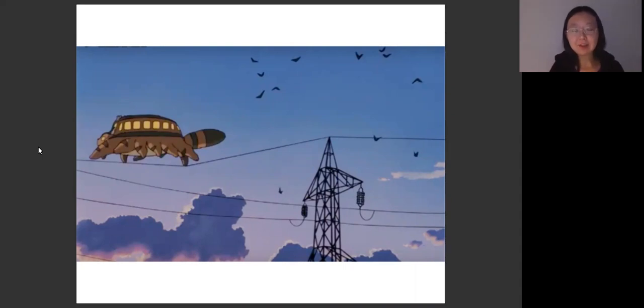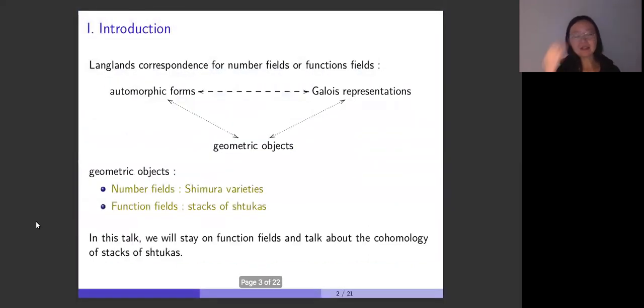So today I will talk about shtukas with many poles, working on some curves. So I show in the picture. There are some geometric objects which relate the two sides of the Langlands correspondence.